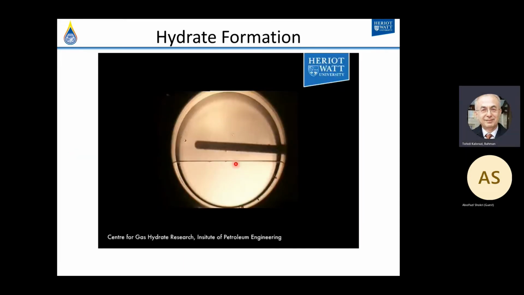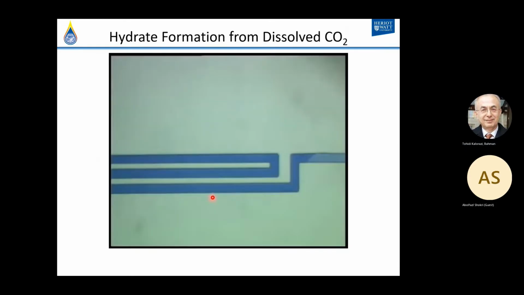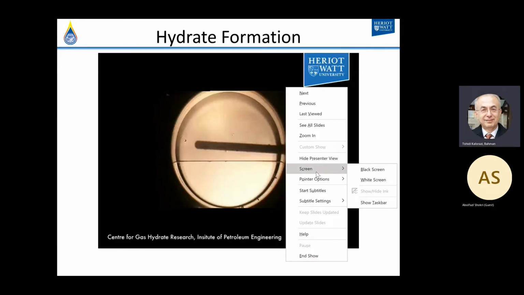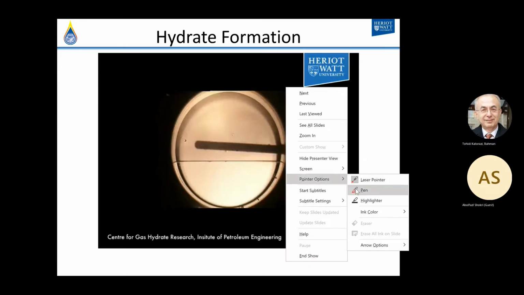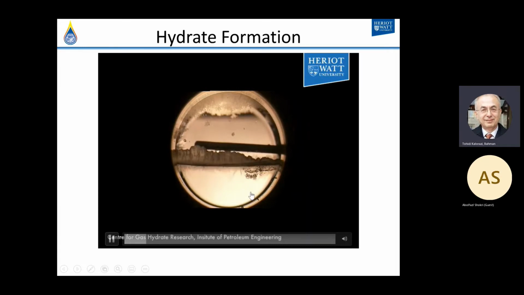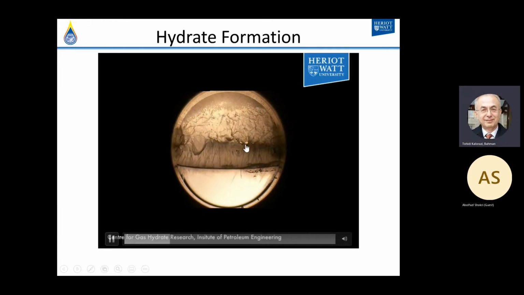So when hydrates form, here is hydrate formation. You can see there is water and gas, and this was the thermometer.